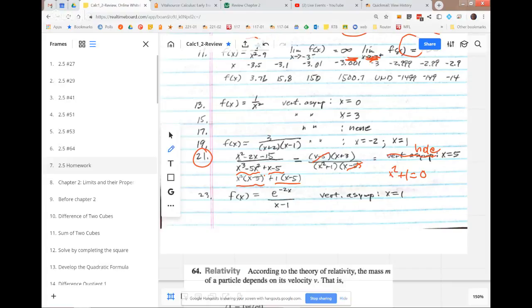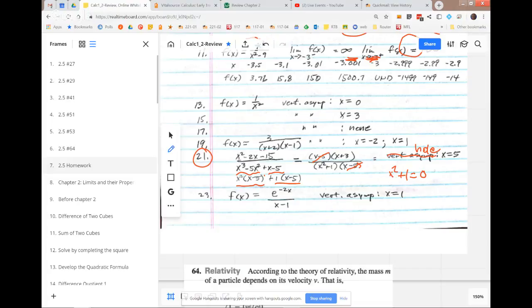That makes sense now. So if you look in the back, you should see none. Or NA, I don't know. Anybody have the answer key handy? Yeah, it does just say no vertical asymptote. So I had it done right. I just interpreted it wrong.